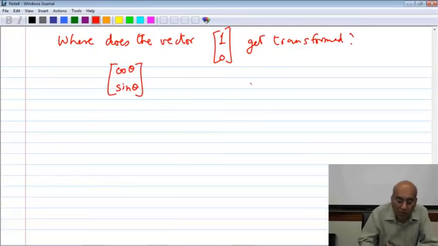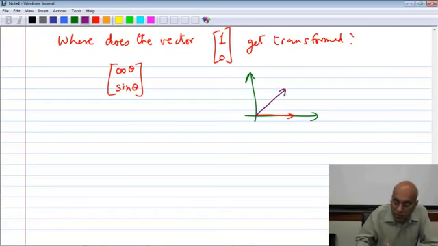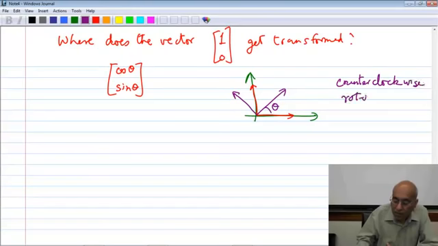So if we set up a little diagram, with this initial vector, after this rotation it's going to go to this vector, and this angle is theta. If we had a vector here, it would go to a vector rotated similarly. So this is a counterclockwise rotation by theta.